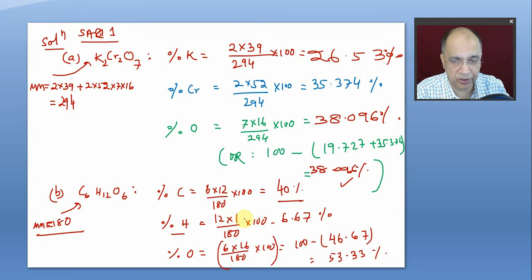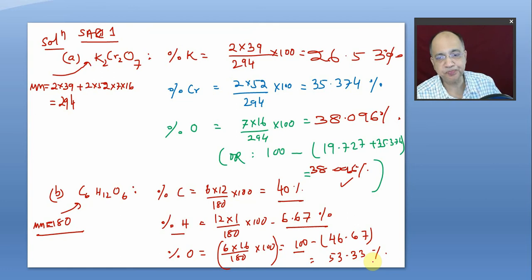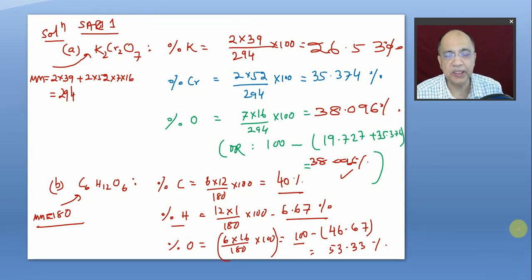The atomic mass of hydrogen is 1. So 12 by 180 into 100, 6.67. And I found out the percent of oxygen is 100 minus the sum of these two. It is 53.33%. Right?